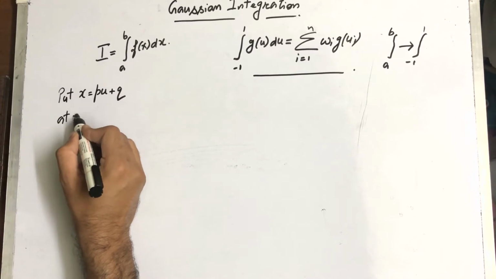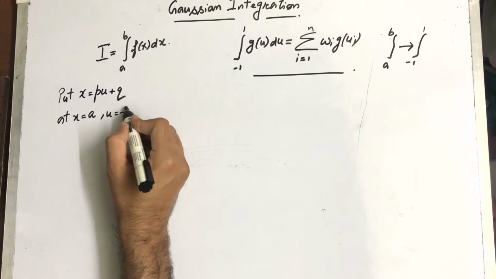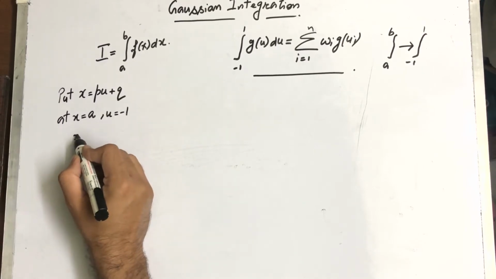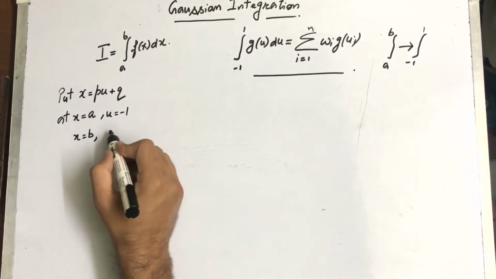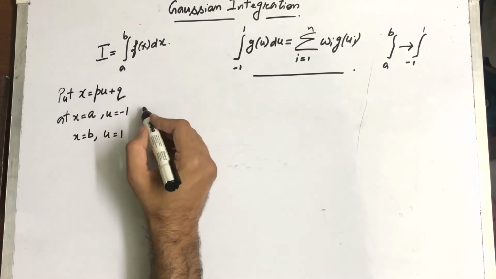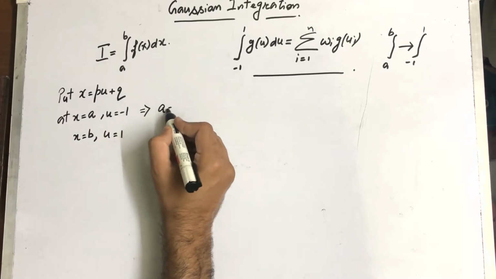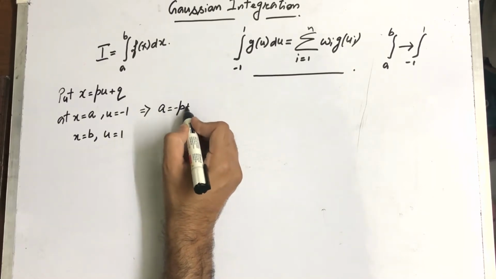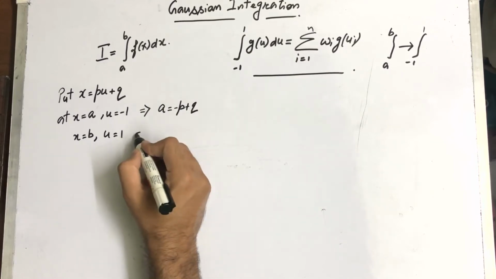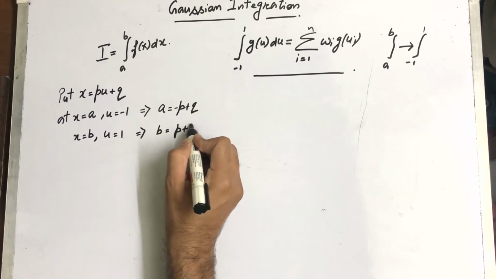At x is equal to a, u is -1, and at x is equal to b, u is equal to +1. When we put these values here, it becomes a is equal to minus p plus q, and here we get b is equal to p plus q.